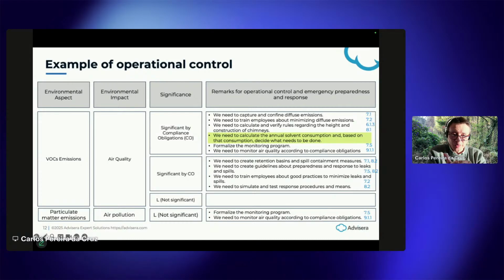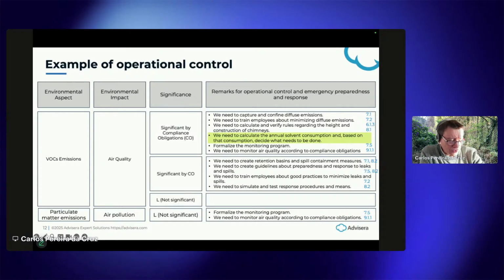What I'm doing is listing what I need to do to improve my situation, and then I link to the clauses of the standard. I don't do it the other way around. That way I work with things that are concrete, not abstractions. I leave here a link for the article, Understanding the Relationship Between Environmental Aspects and Operational Procedures.